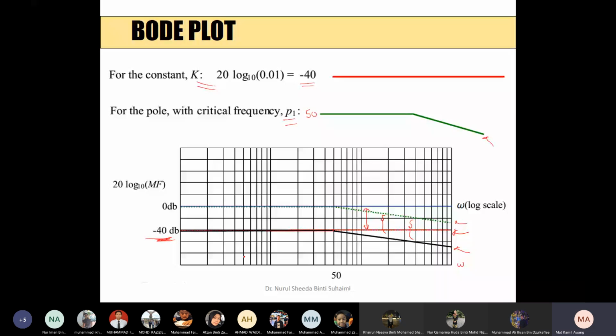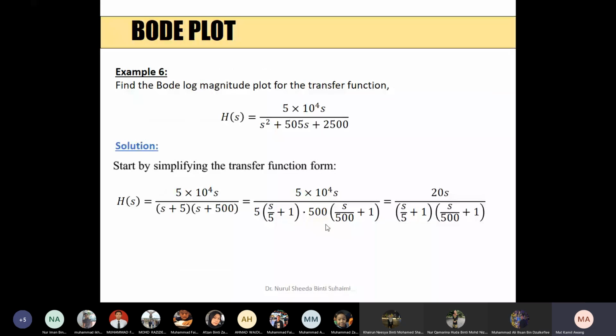Second example, you are given this transfer function: H of s is equal to 5 times 10 to the power of 4 s divided by s squared plus 505s plus 2500. From here, we need to simplify the transfer function into a form that we can recognize.